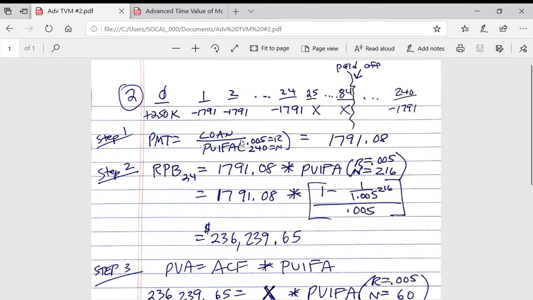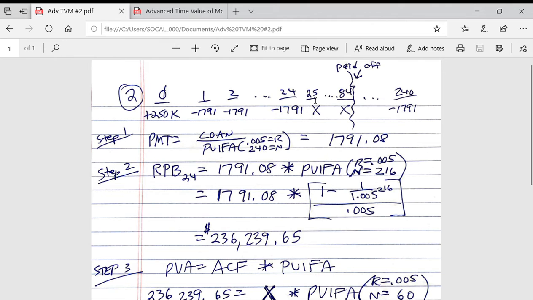However, this problem says that we're going to make the first 24 payments of 1791, and then beginning at date 25, we want to add something to that, so that exactly 5 years worth of monthly payments later, the loan's paid off.